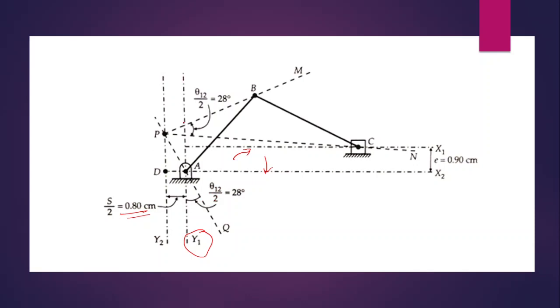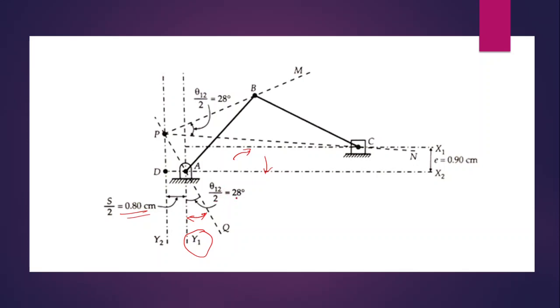That means with this vertical line y1 which is passing through A. And PQ must pass through this particular point A. Then the angle y1 AQ must be equal to theta 1 2 by 2.